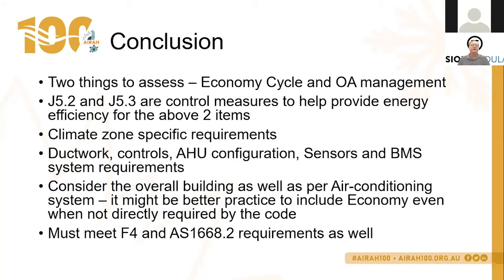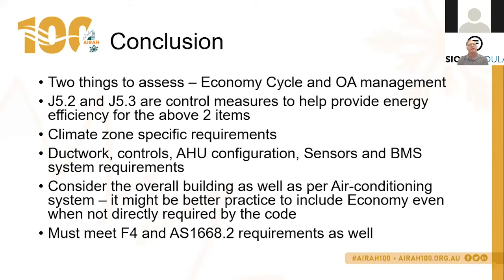VAV systems have a required outside air requirement in regards to 1668, and then you adjust the outside air volume down to a minimum set point on your VAV system based on your control strategies and your percentage control on your VAV system, which will be based on your minimum supply air rates to a space, and then the proportion of outside air that's supplied to that space will be the proportion of outside air compared to the proportion of supply air for the space.